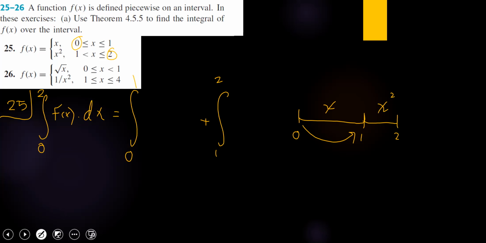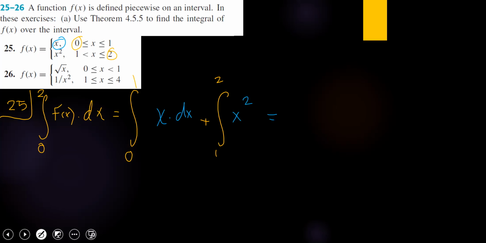Is this clear? Yes, teacher. Then after that, from 0 to 1, what do I have? I have x. And from 1 to 2, I have x squared.